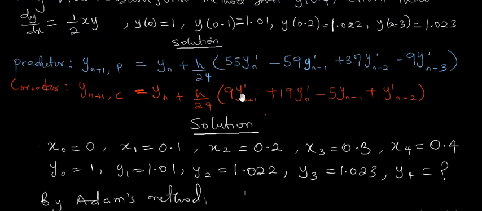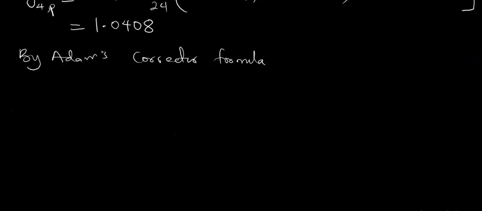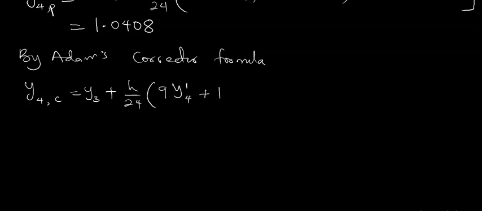So we say when n is also 3, we have that y4, that's C for corrector, is going to be y3, y is y3, plus h 0.124 times 9 y4 prime plus 19 y3 prime minus 5 y2 prime plus y1 prime. So that is what we're going to have.